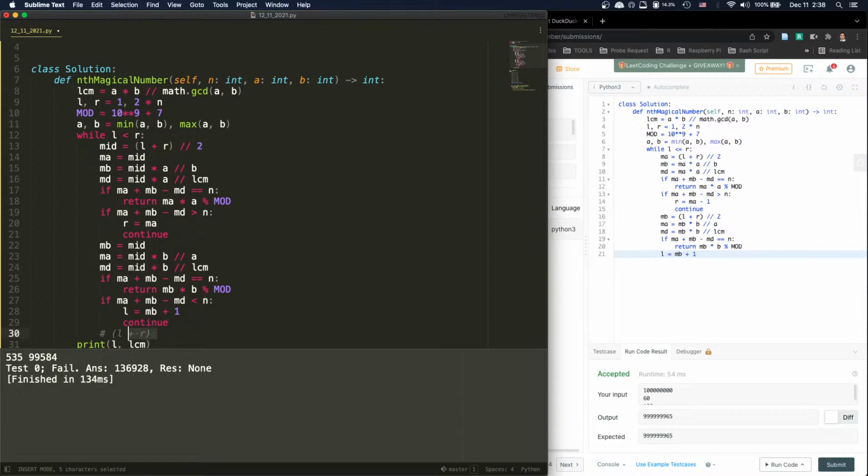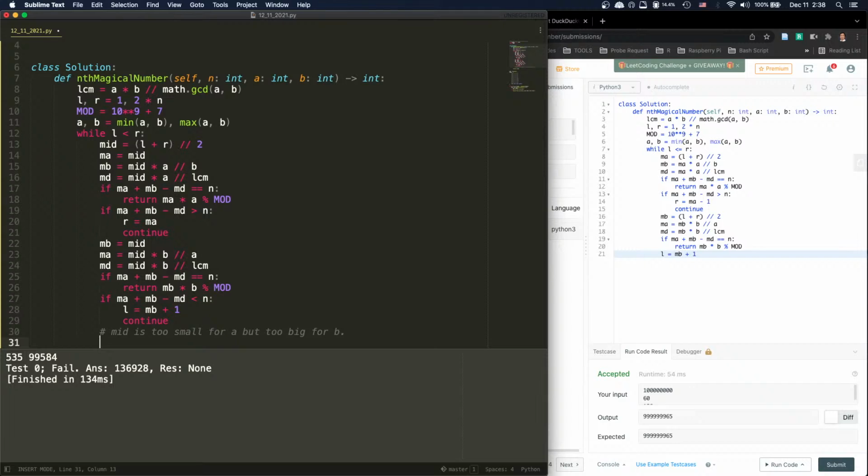So now mid is too small for A, but too big for B, right? So what do we do? We can decrease mid and check for B only, because we cannot increase.